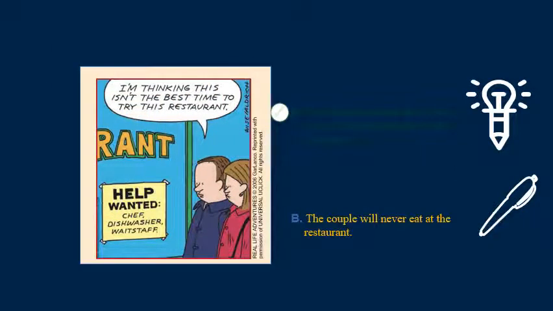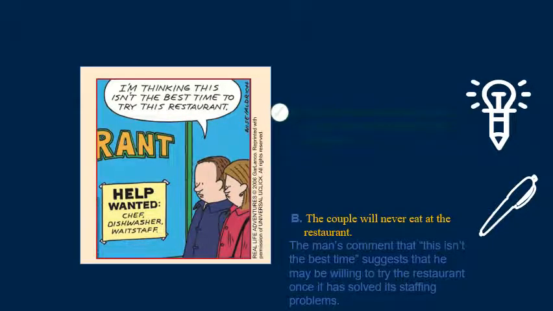So what about option B? Option B says that the couple will never eat at the restaurant. So let's see. Here in the illustration, the man comments that it isn't the best time to try this restaurant. So it suggests that he may be willing to try the restaurant once it has solved its staffing problems.